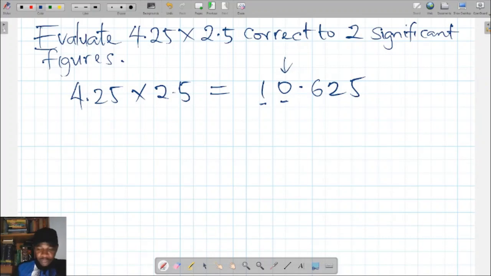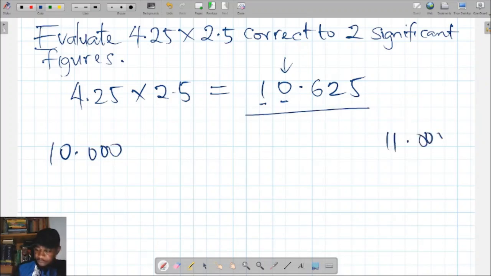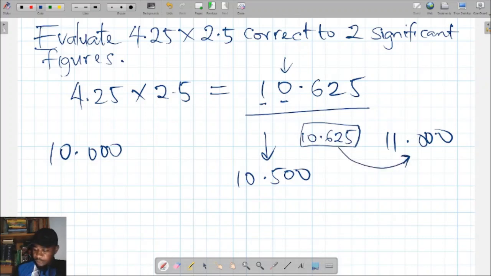So we can now form the next unit. This number now is between 10.000 and 11.000. The middle number, of course, is 10.500. 10.625 is after 10.500, so that is falling to the right. And that means it is closer to 11.000.